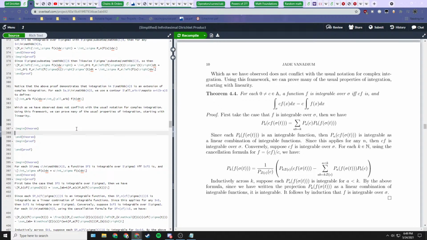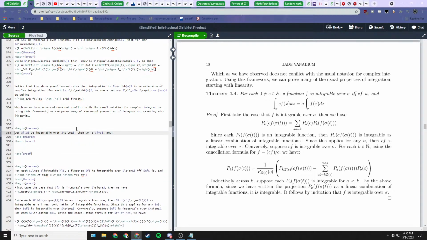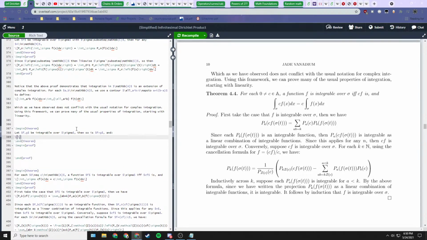So we'll say, okay, there we go. So this is our linearity.